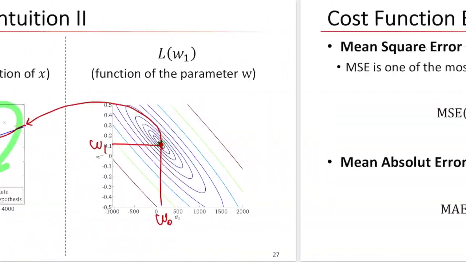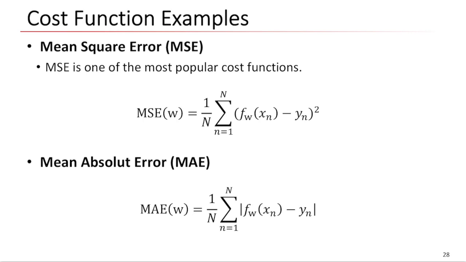So depending on how we define this distance, we can say which cost function we use. Let's say that there are two very well-known cost functions. The first one is the mean squared error, or MSE loss function. The MSE is one of the most popular cost functions and is defined like that. This is what we discussed so far.